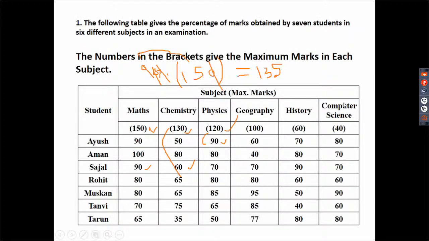Yes. So in physics, write down. Ayush getting 90% of 120, Aman getting 80% of 120, plus 70% of 120. Which one is the common? 120 is the common. Write down.